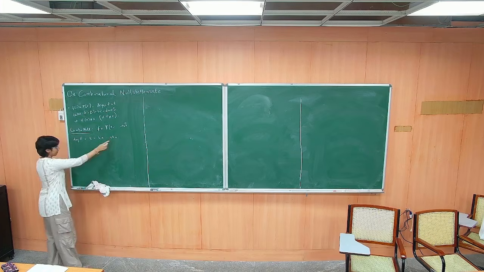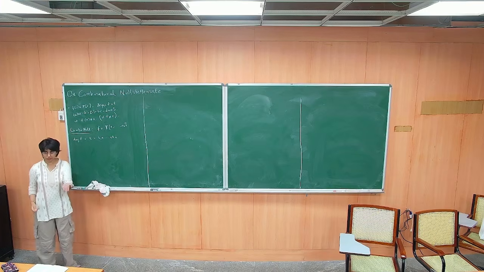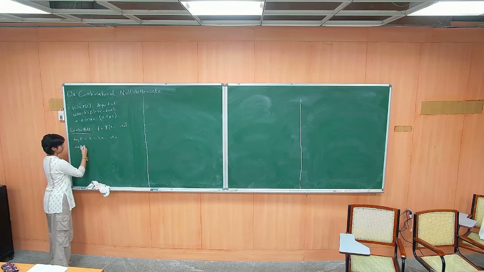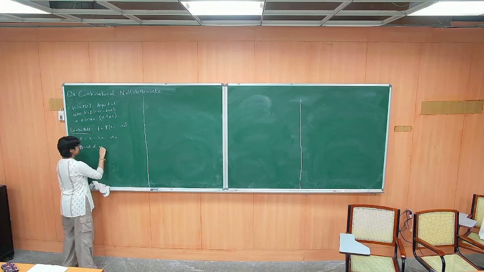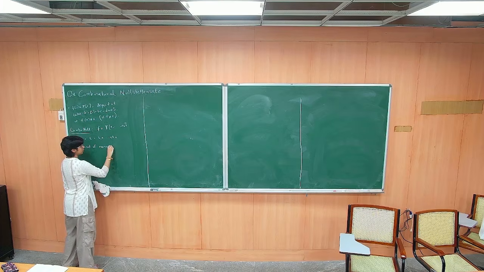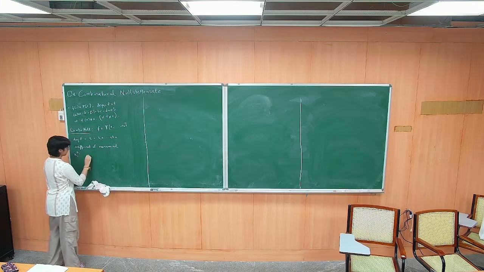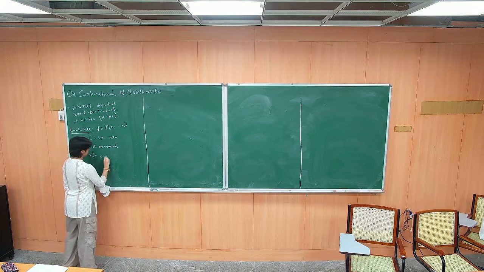This is important. And my other condition is that the coefficient of the monomial x1 to the power t1 through xn to the power tn is non-zero.